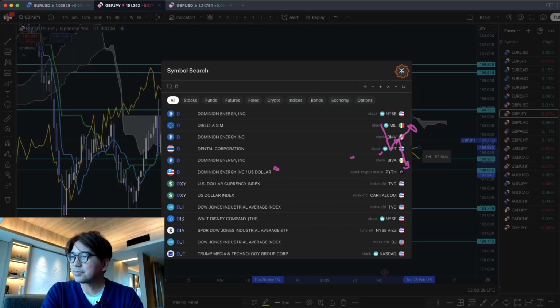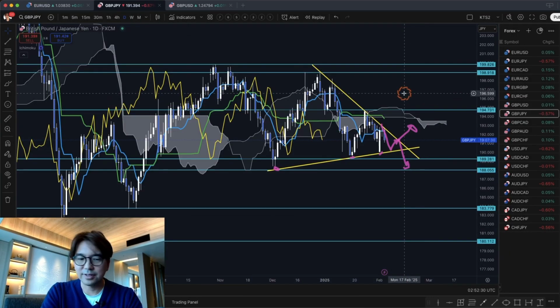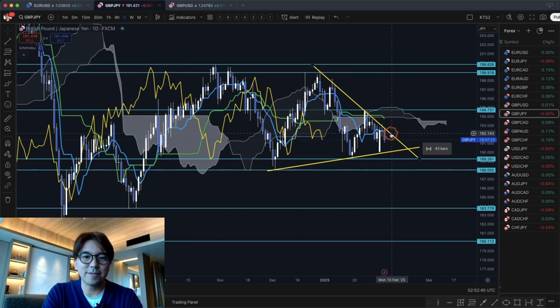So now these are the lines I would draw in this market condition, and with this in mind, I monitor the chart. If the market breaks the P wave bearish, then it can go down to either 189.28 or 188.05.